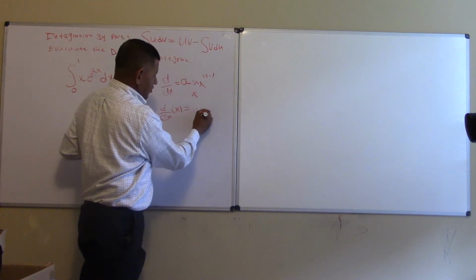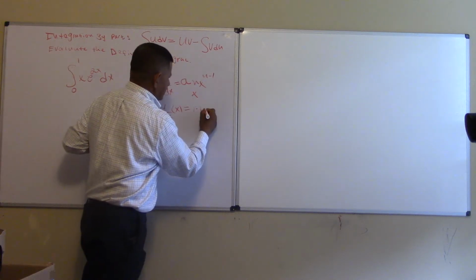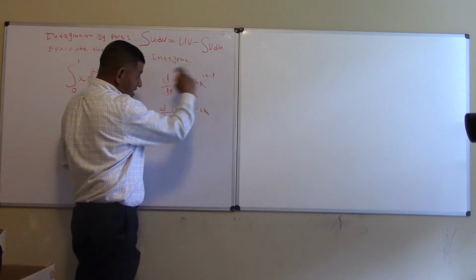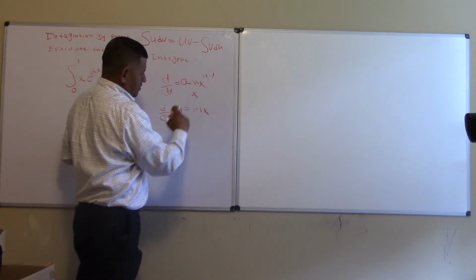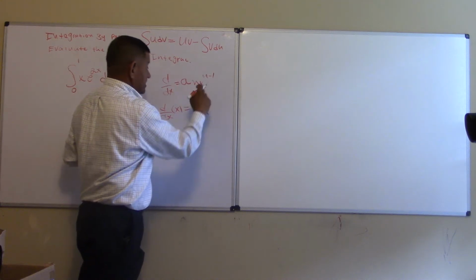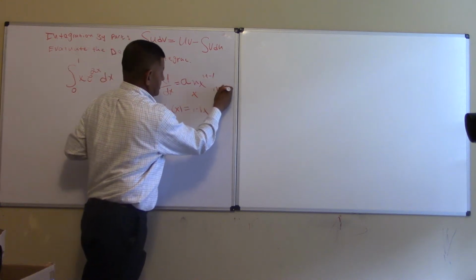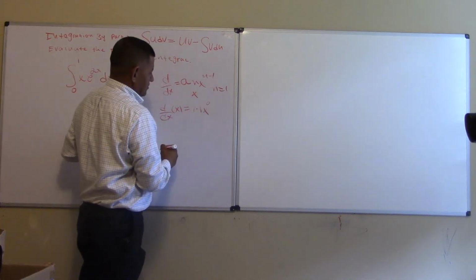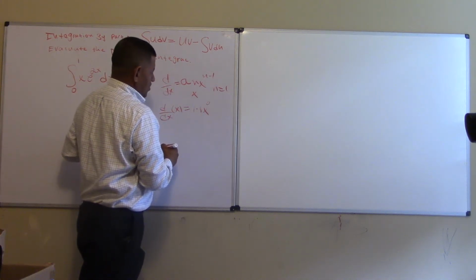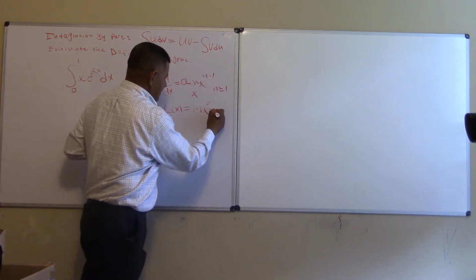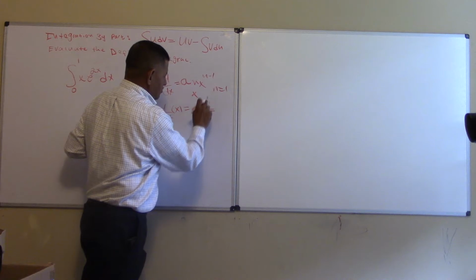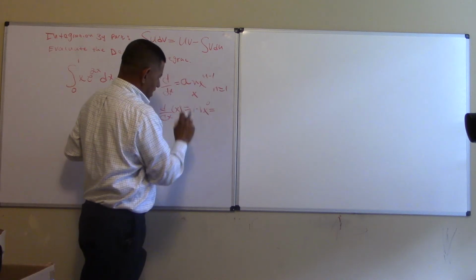x to the power n minus 1. If n is equal to 1, then n minus 1 is equal to 0, and any number to the 0 power is 1.